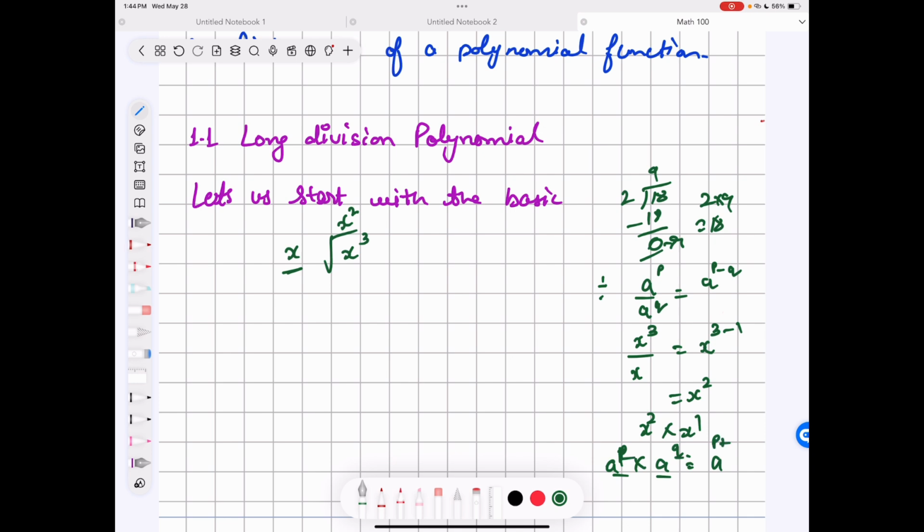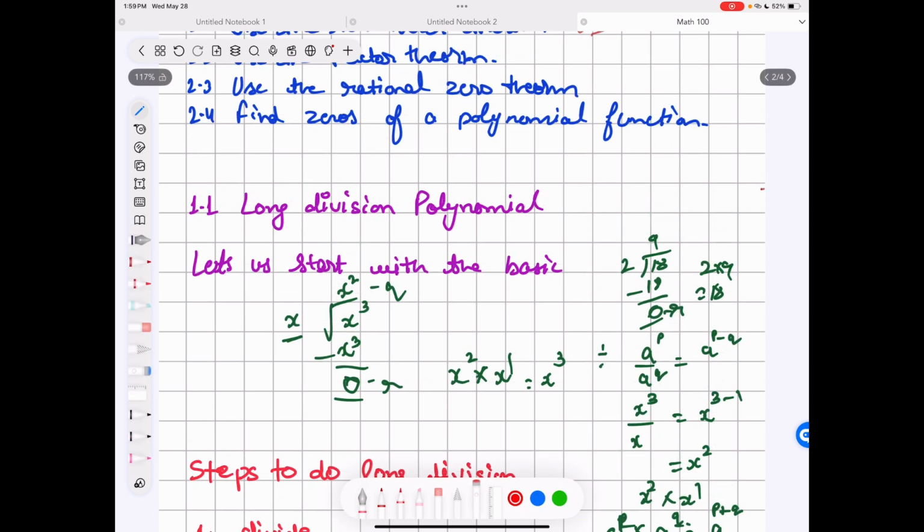So we would add p plus q, which would give us a to the power p plus q. Here we are going to do the same thing. We multiply x to the power 2 by x to the power 1, and we get x to the power 3. So we subtract, we get 0. That's our remainder, and that's our quotient.